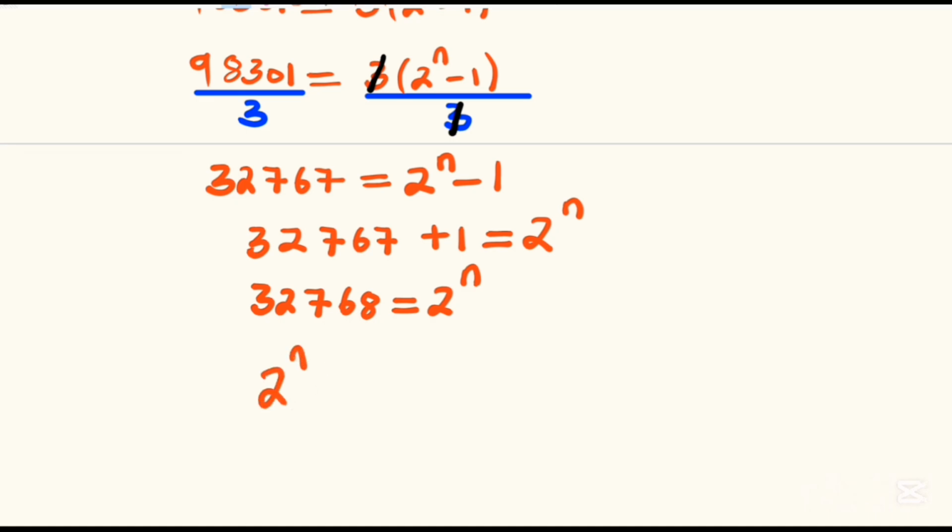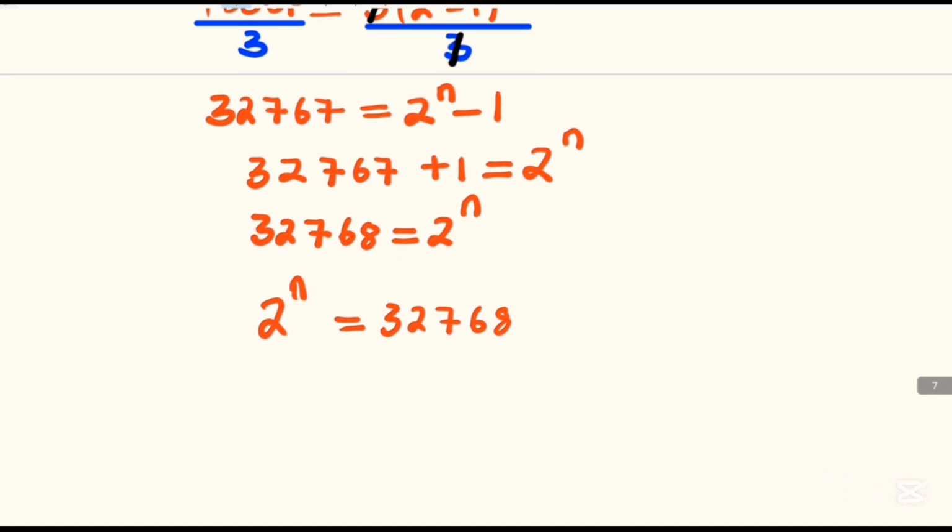So the 2 raised to the power n will be equals to 32,768. Since on the left hand side we have 2 raised to the power n, even on the right hand side we must have base 2. So why should we have base 2?